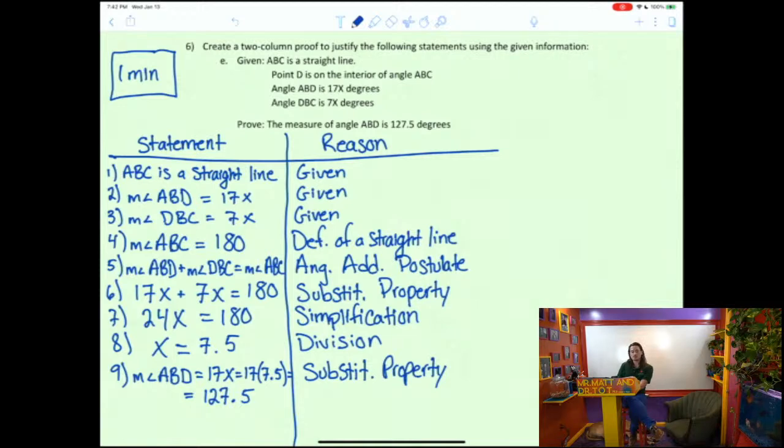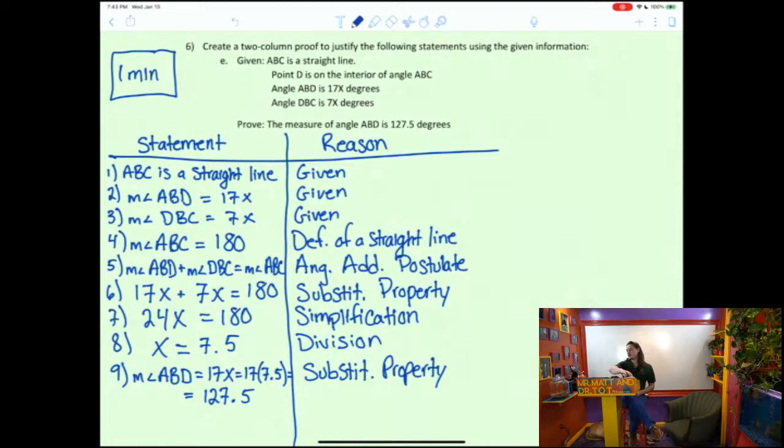We can now substitute in the expressions that represent these individual angle measures. So 17x plus 7x must equal the 180 degrees in the straight line. Simplifying, 17x plus 7x is going to be 24x. Using the division property of equality, in other words, dividing on both sides by 24, 180 divided by 24 is 7.5.